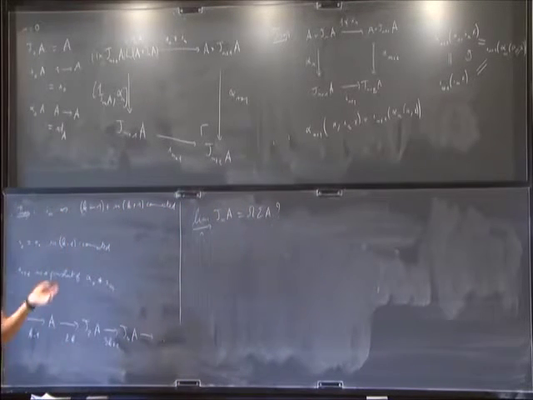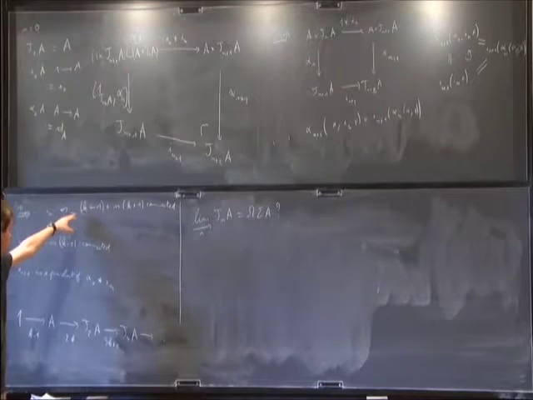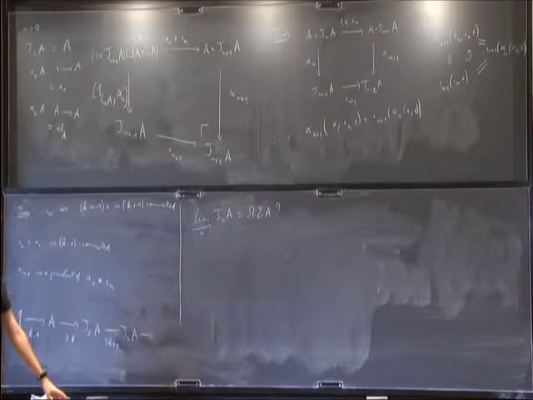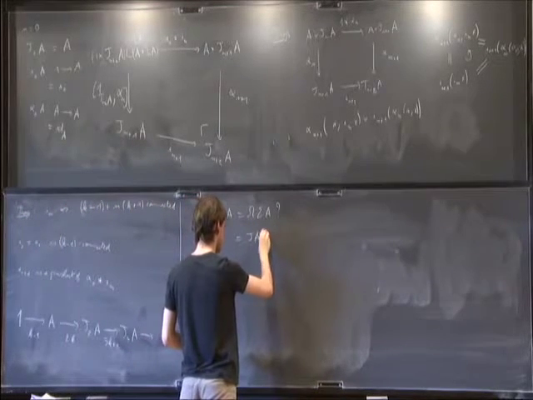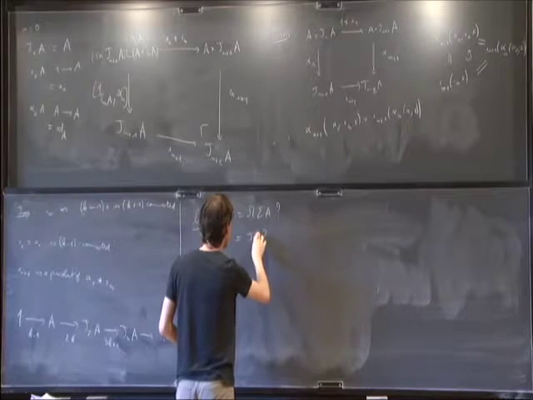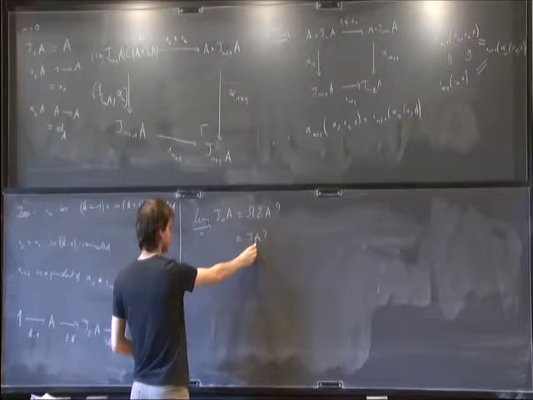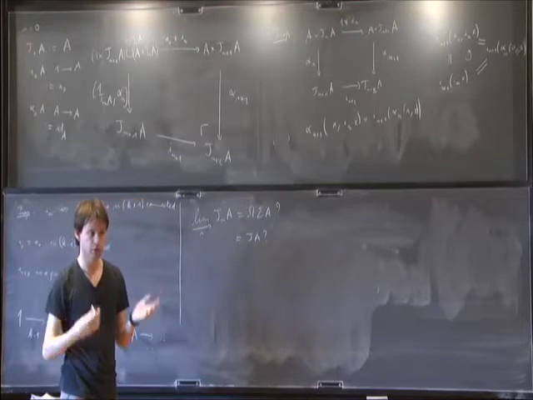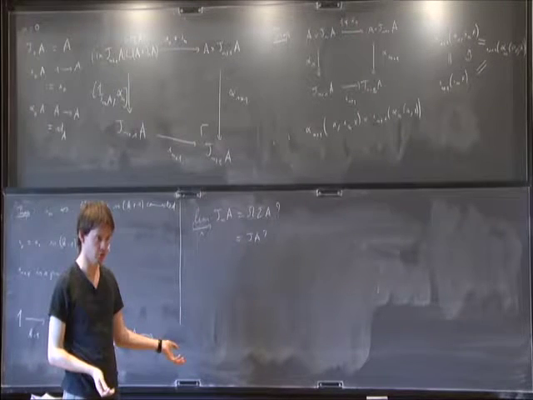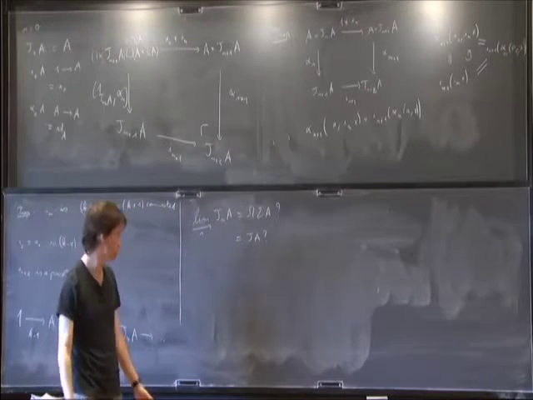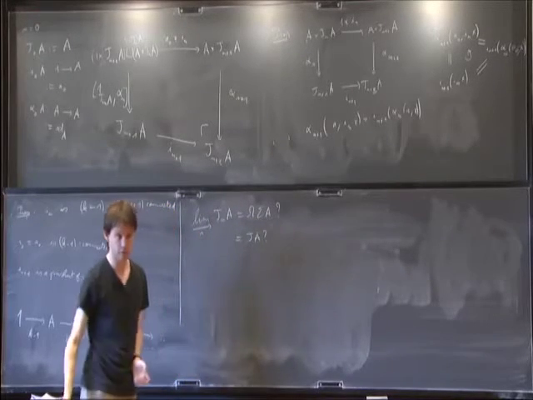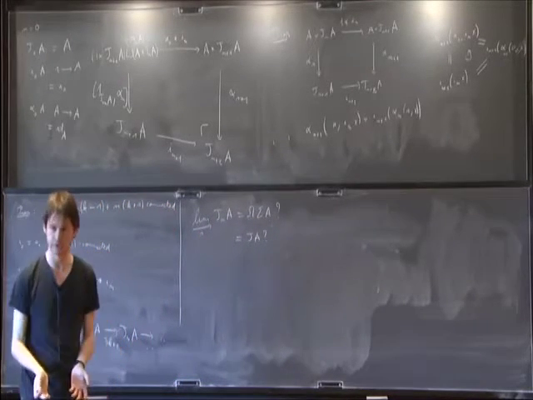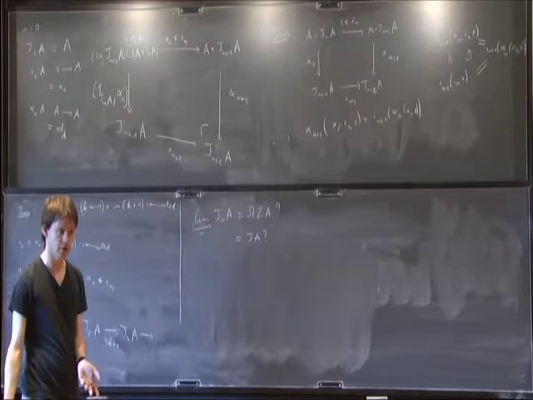But we've already seen that the loop space of the suspension, in the case where k is at least 0, so when A is connected, is the free monoid on A with a base point. So the only thing we need to check is that this colimit has the same universal property as the free monoid on A with a base point.